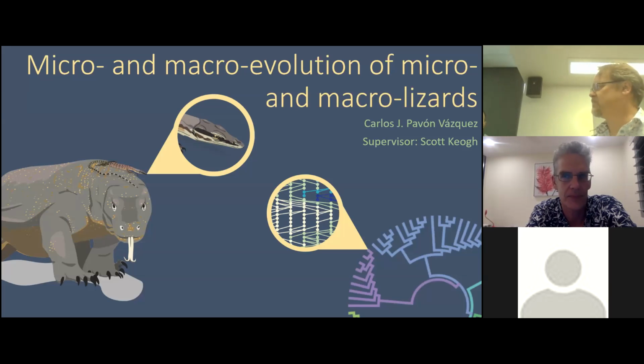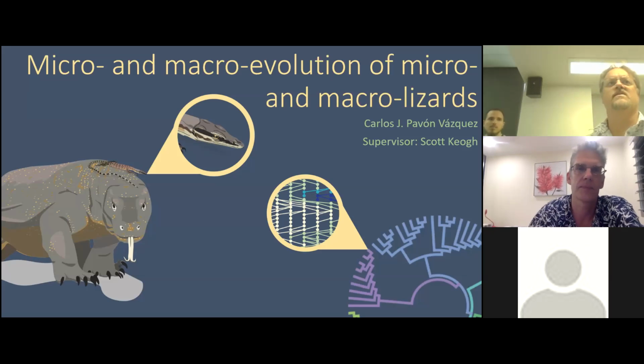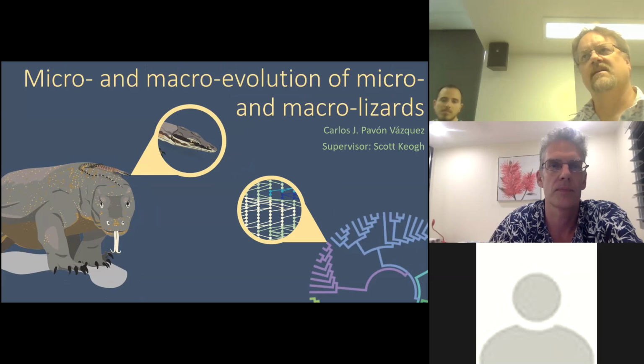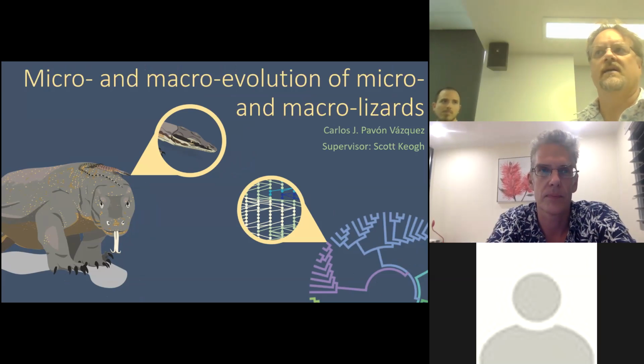Carlos has broad interests, and he mentioned this in his abstract, that he's interested in why do organisms look the way they do, why do they live where they do, and why are some groups more diverse than others. And he was able to touch on all of those things in his PhD using an iconic group of Australian and Old World animals, the famous goannas.